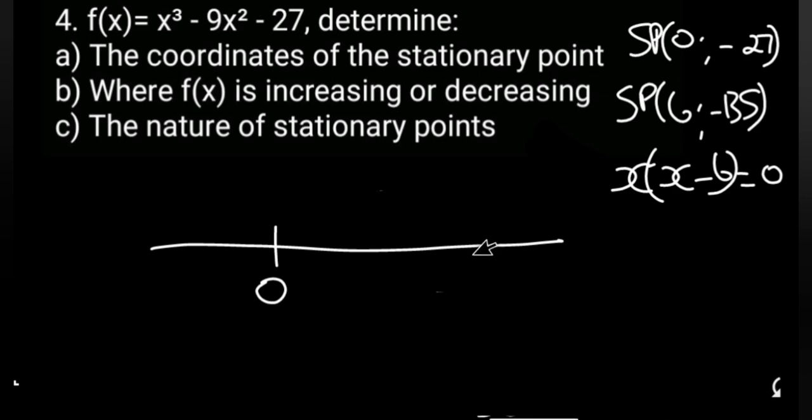Our x coordinates of the stationary points are 0 and 6.